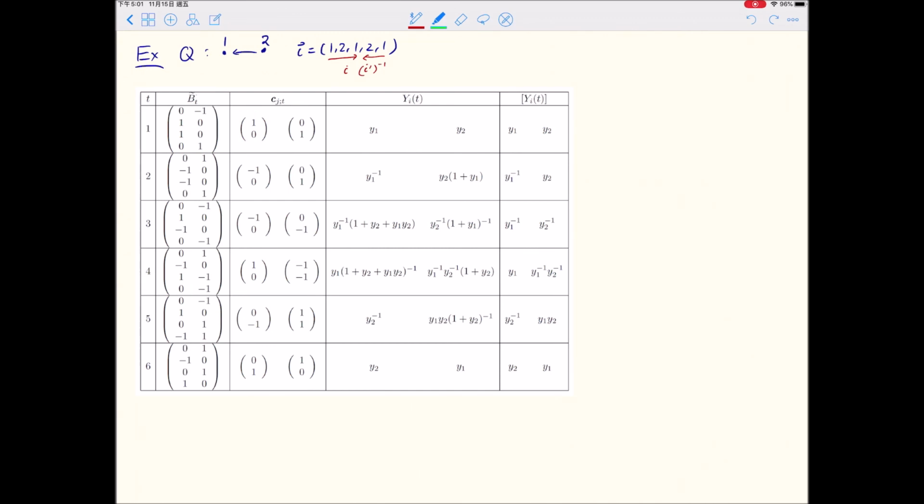So to get the Dilogarithm identities, remember we want to have the index corresponding to the mutation sequence. So for the first seed we have 1 as the index, so we get 1, and for the second seed we have the second index and we get 2, and so on.